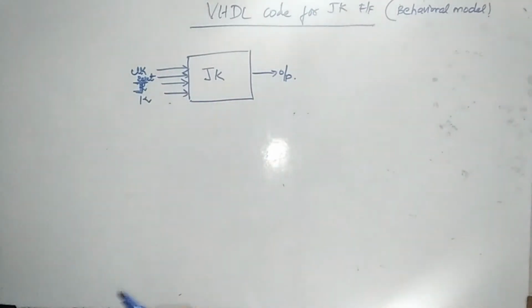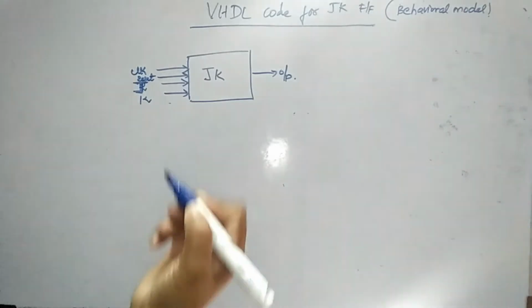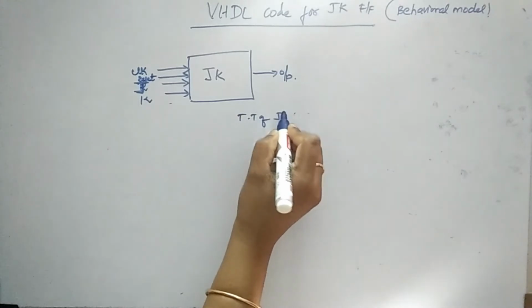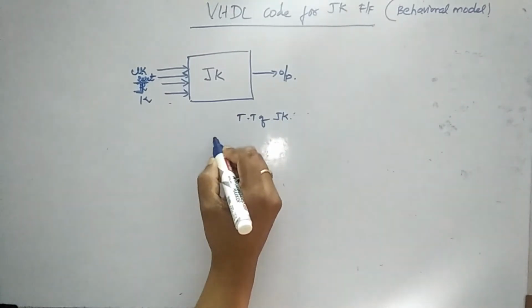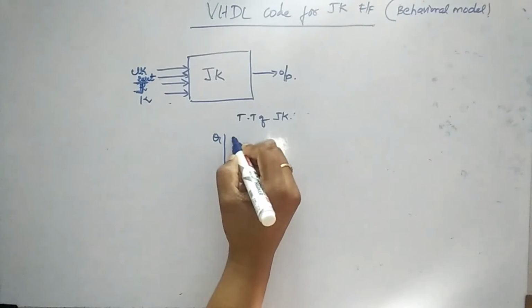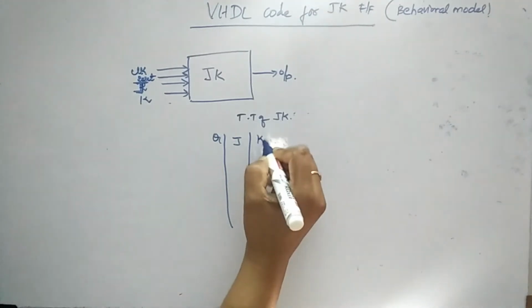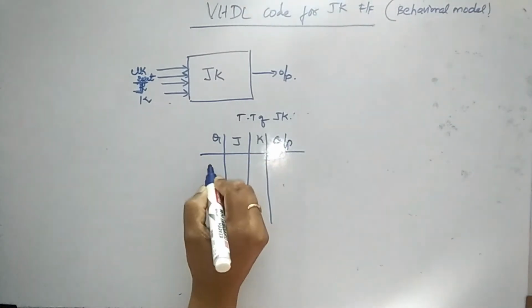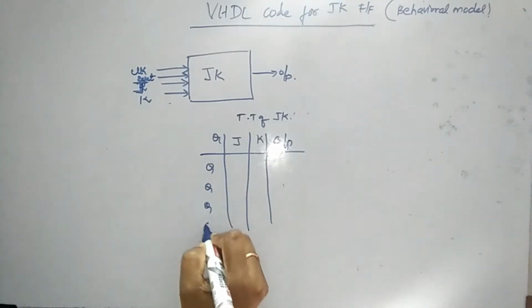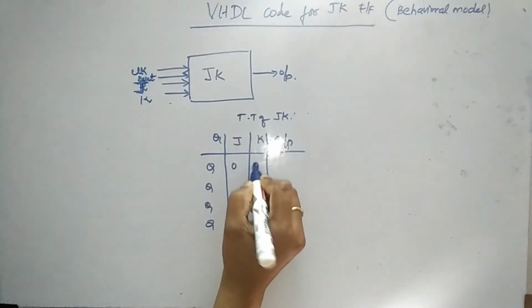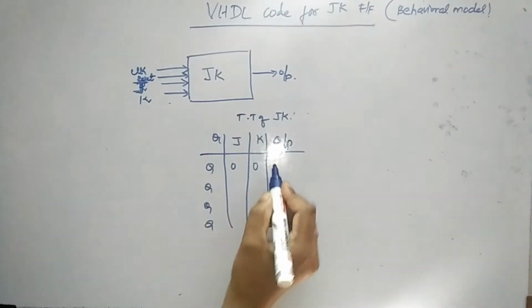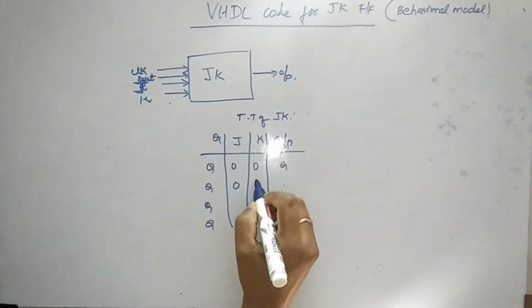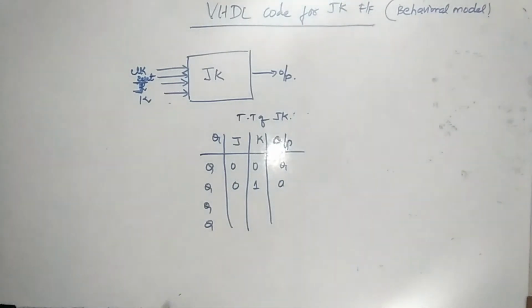Another thing we require to write the VHDL code is the truth table of the JK flip-flop. Let me write the present state, the J and K inputs, and the output. Taking the present state as Q: when J is 0 and K is 0, we get the output Q. When J is 0 and K is 1, we get 0.